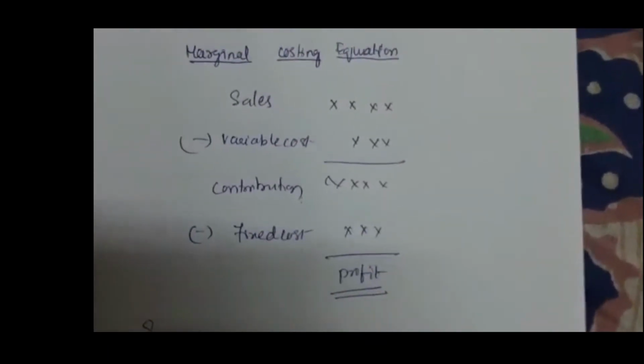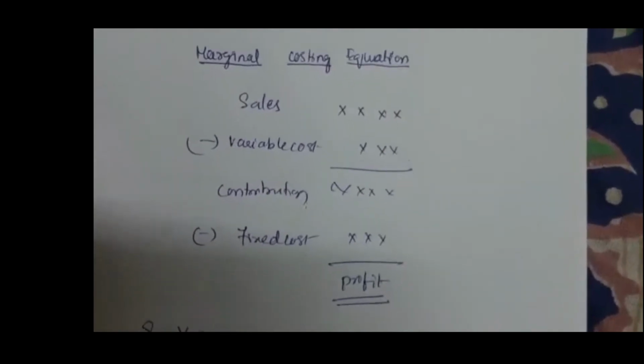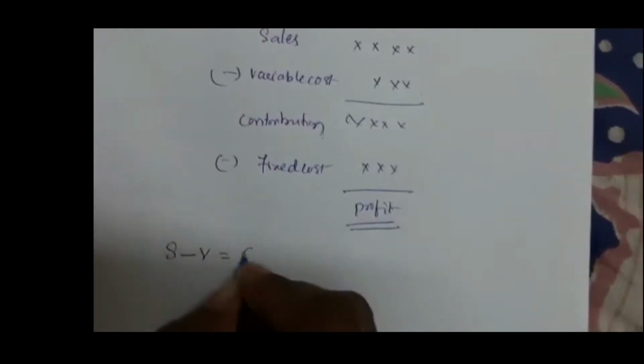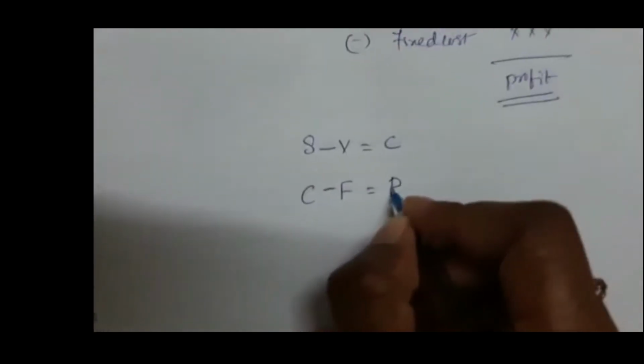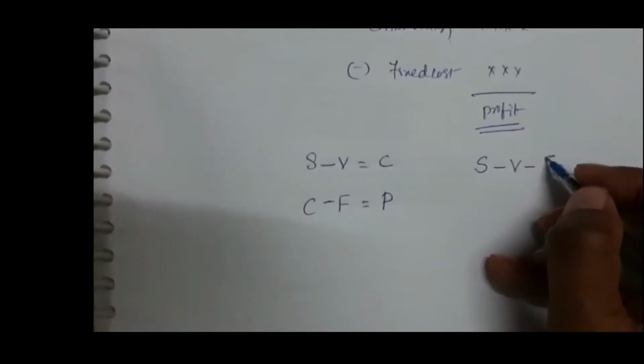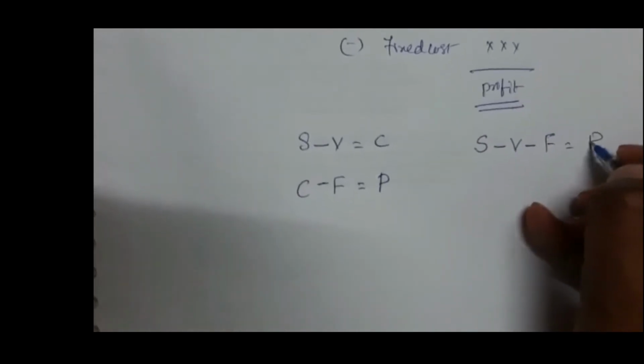That is, sales minus variable cost gives contribution, and contribution minus fixed cost gives profit, and sales minus variable cost minus fixed cost gives profit.